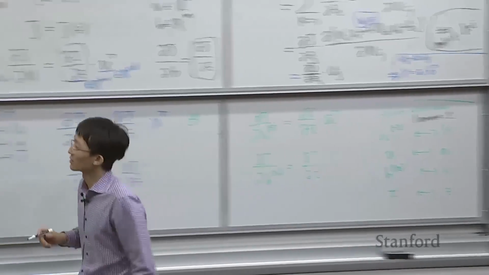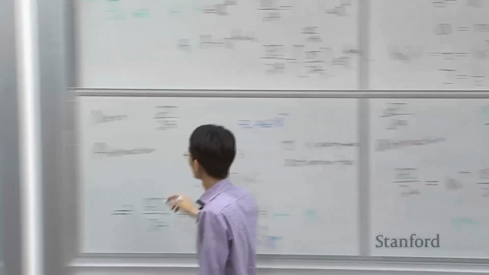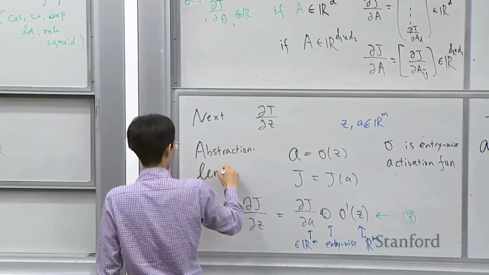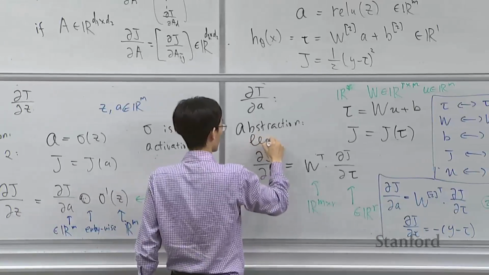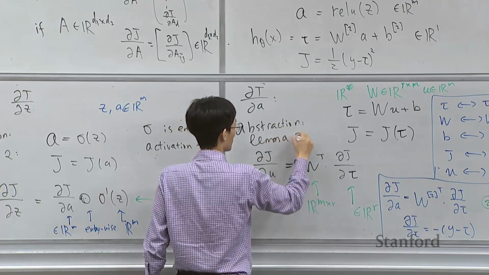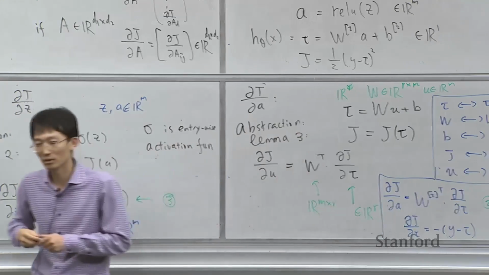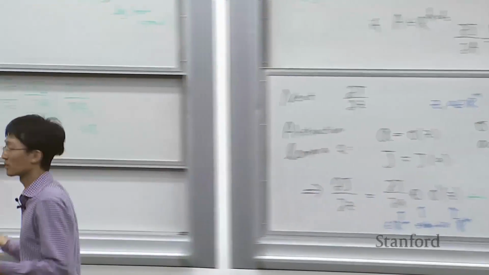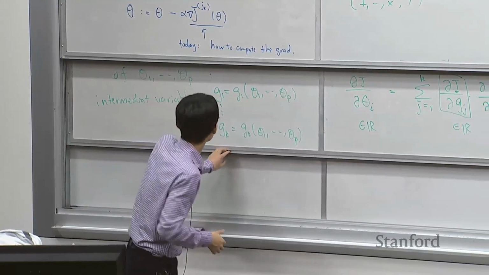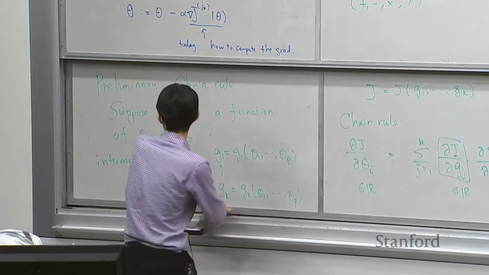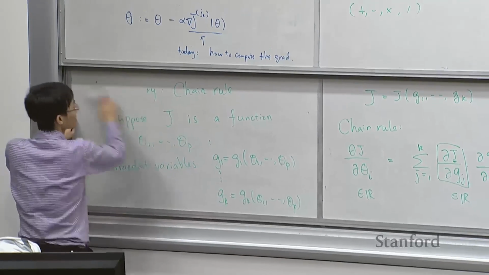Let's call this lemma 2, and this is lemma 3. For deep networks, I'm just going to use lemma 1, 2, 3 repeatedly, and I'm going to get the gradient. That's the last thing in this lecture.